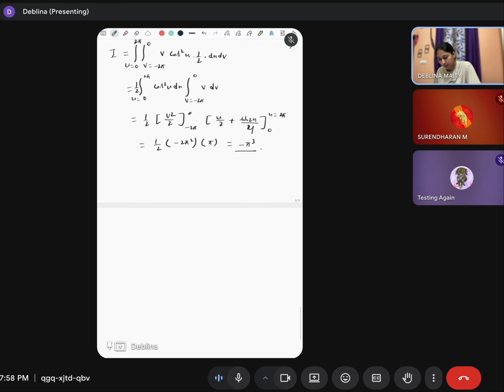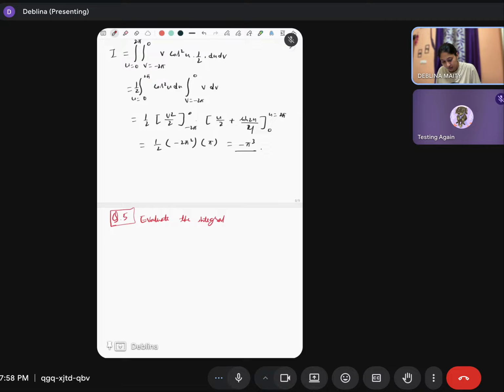So question number 5. Evaluate the integrals by making an appropriate change of variable.